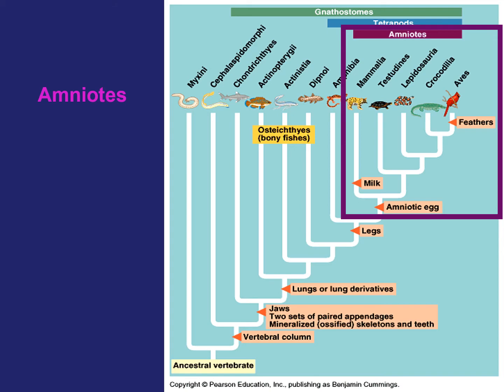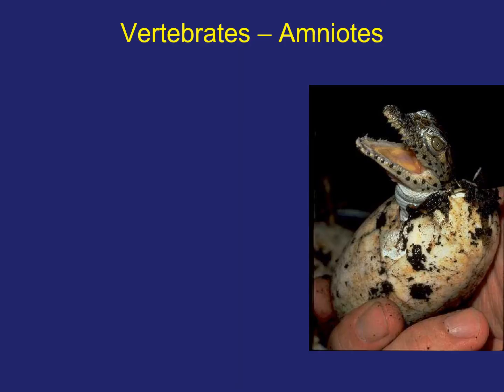So amniotes developed this hard outer layer to their egg that protected the egg from desiccation, from drying out. The amniotes include the reptiles, the birds, and the mammals. Amphibians gave rise to the first reptiles. The reptiles are responsible for the evolution of this new invention, the hard-shelled egg.